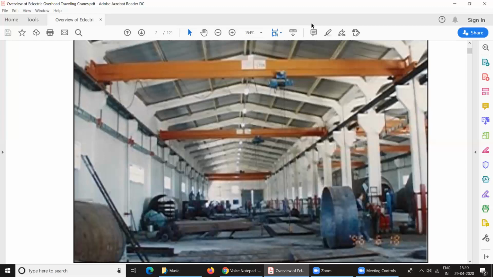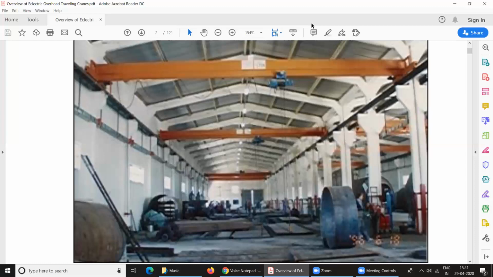Luffing motion of the boom can be imparted by various mechanisms like: number one, rack and pinion; number two, nut and screw; number three, segment gears; number four, crank and link; number five, hydraulic cylinder; number six, hoist drum and rope reeving system.